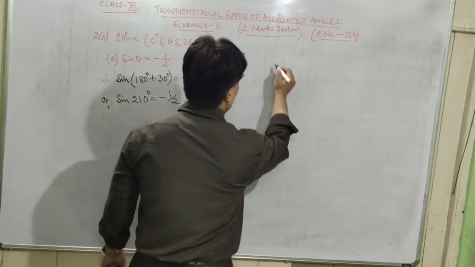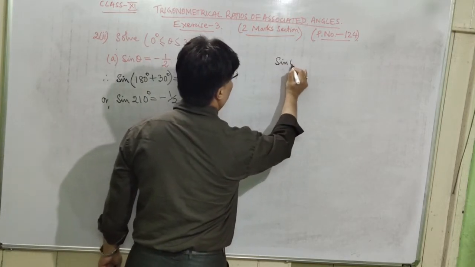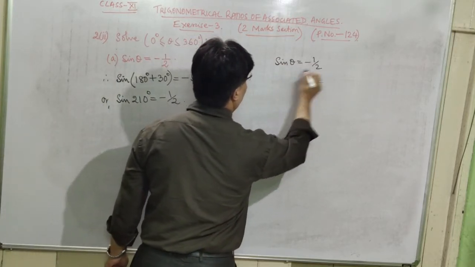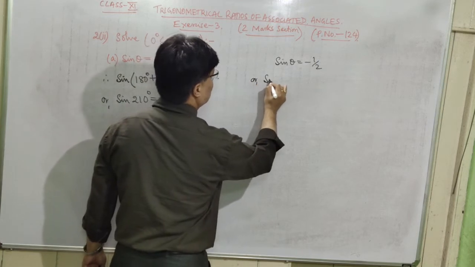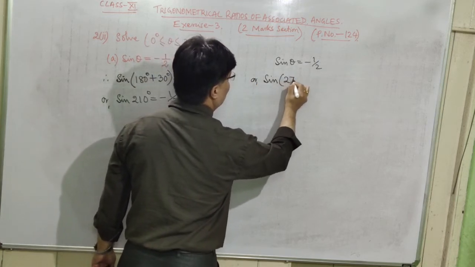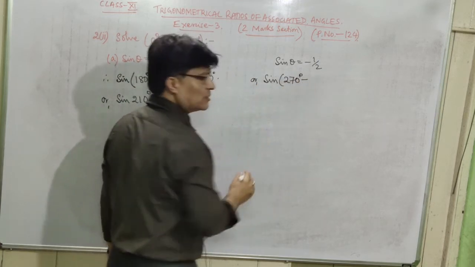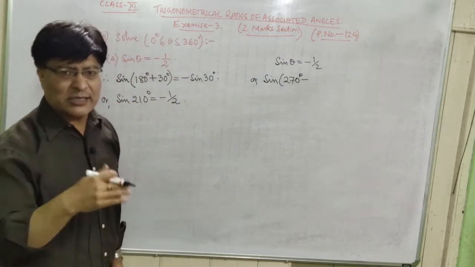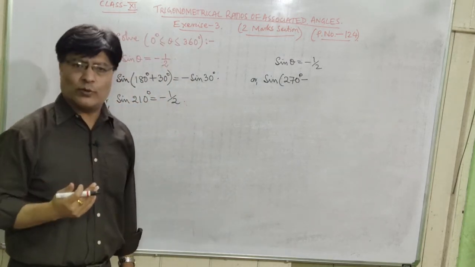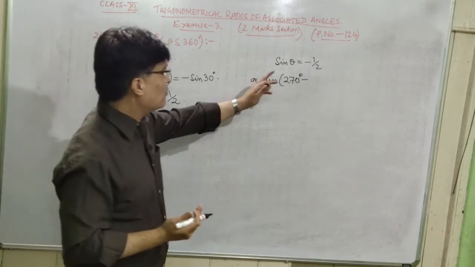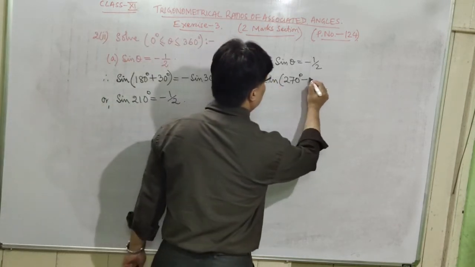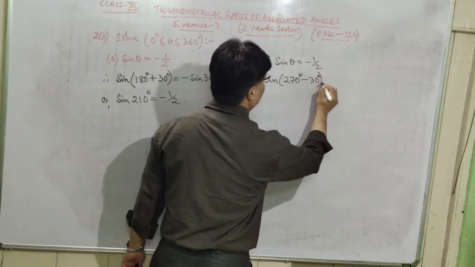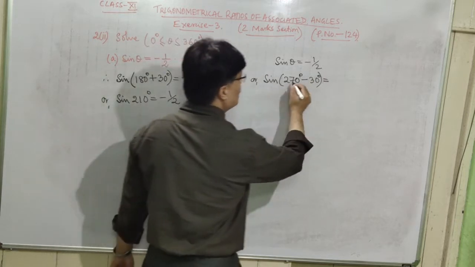So suppose sine theta is equal to minus half. Suppose you write sine of 270 degrees minus theta, because 270 minus theta also lies in the third quadrant. You know that, isn't it? Now sine of which angle is half? It is 30 degrees. You can write sine 30 degrees. So what is the formula in this case?